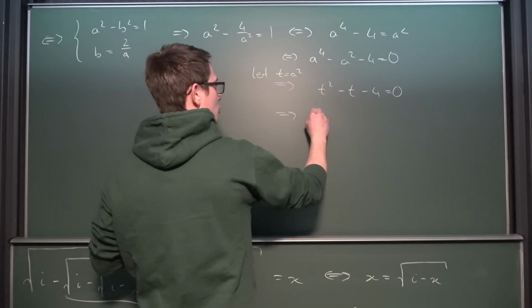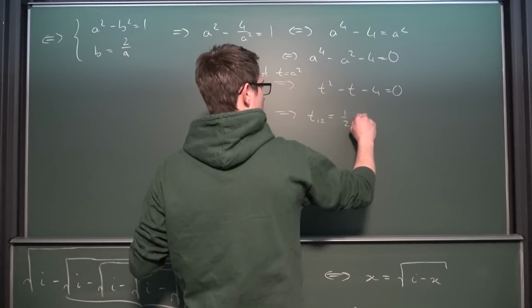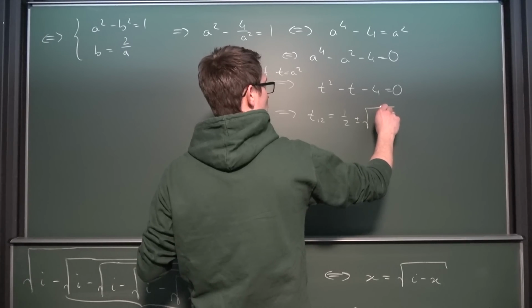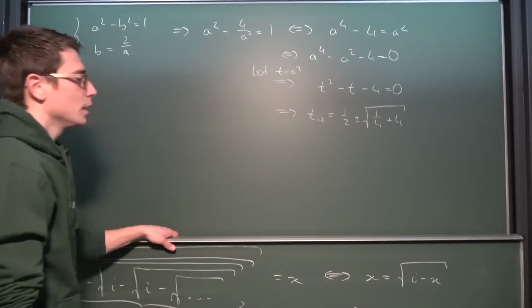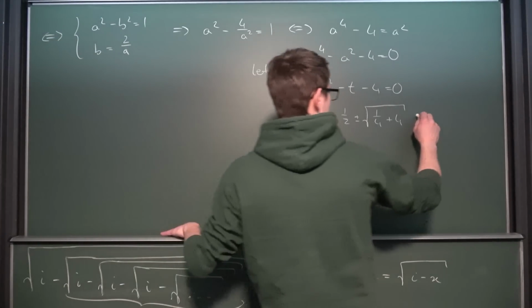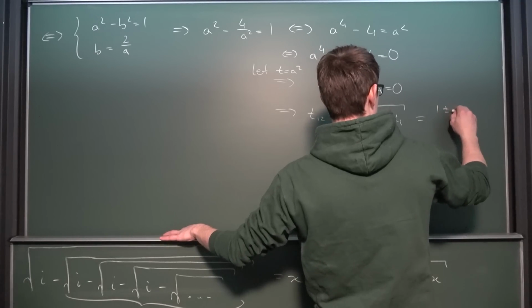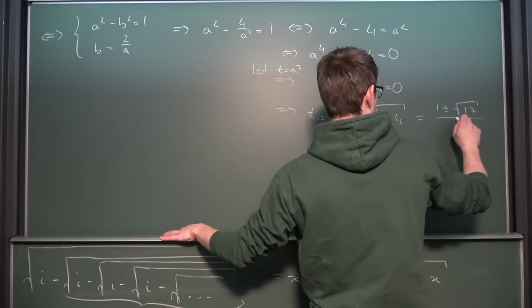So we are going to get that t1,2 is equal to 1/2 plus or minus the square root of 1/4 plus 4. 16 over 4, so 17 over 4, turning this into 1 plus or minus the square root of 17 over 2.